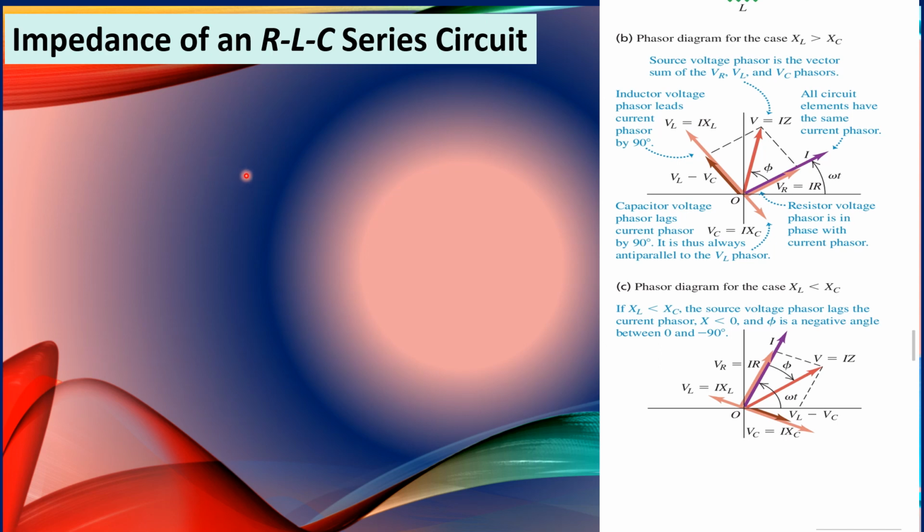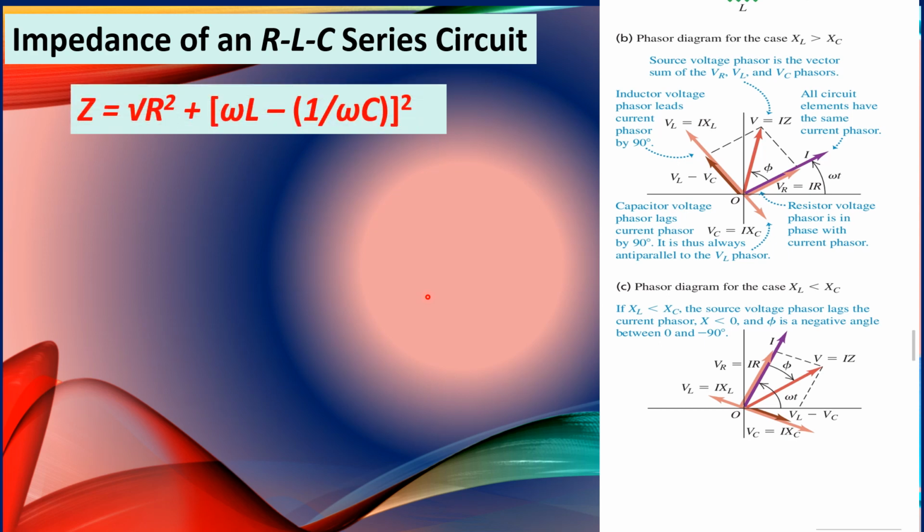Alright, so the impedance of an RLC series circuit also has another version of the formula.